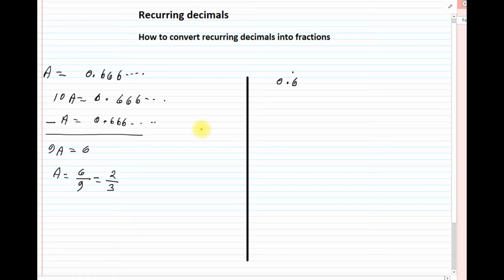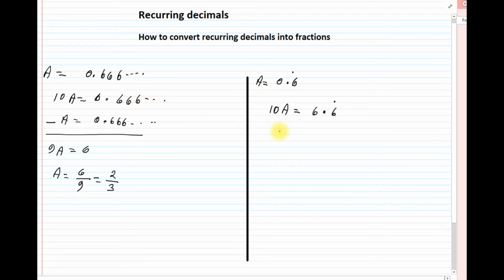Now, the shorthand version of this is exactly similar. I'll just go through it so that it becomes clear. I will designate this to be a. Then I'll have 10a is equal to, this would become 6.6 dot. 6.6 dot is the equivalent of this 6.666 that we had on the right hand side here.